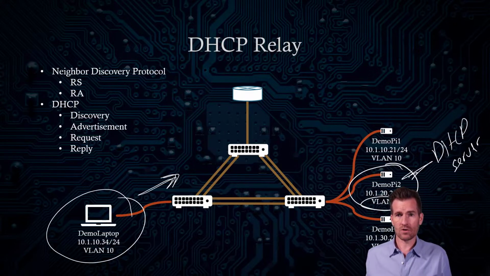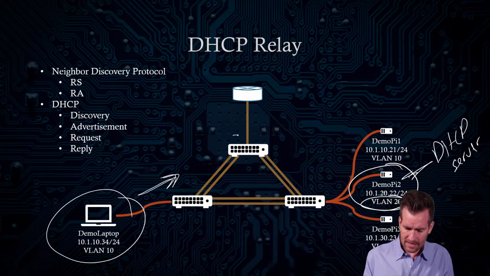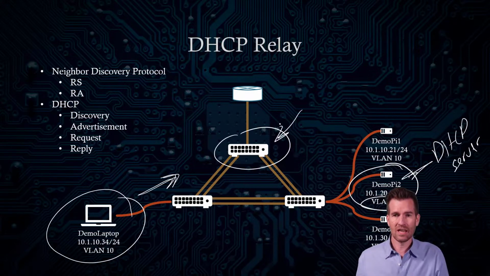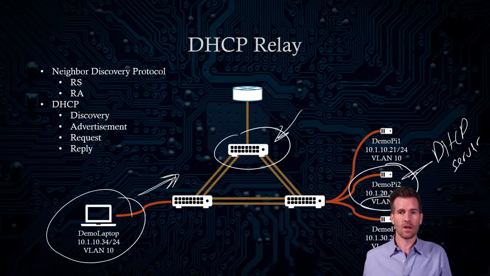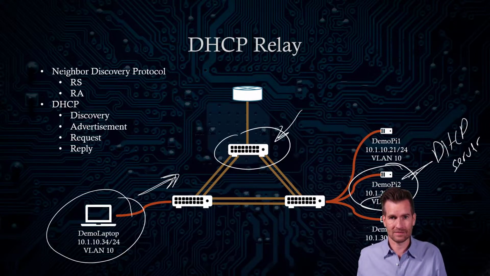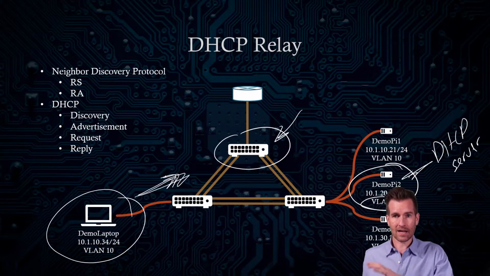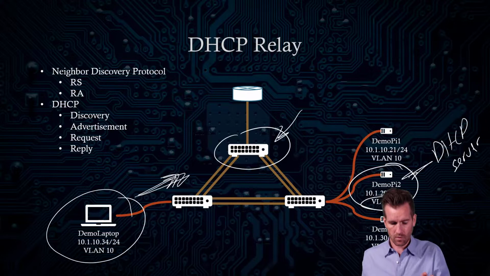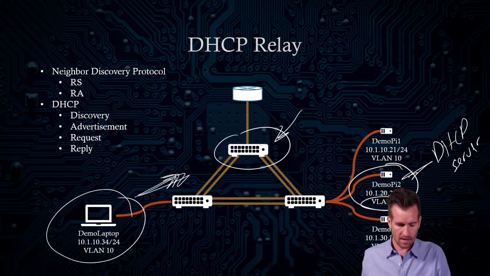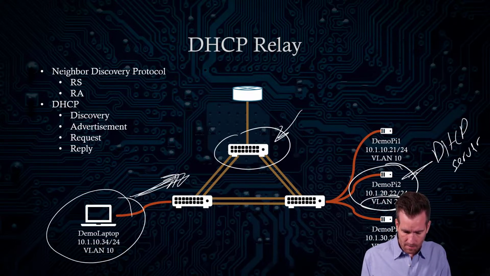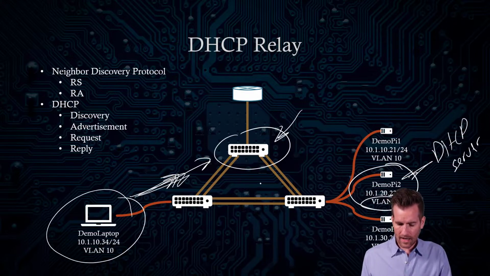And so what we're going to do is turn this layer 3 switch into a relay agent for this information. What's going to happen is the request is going to be sent out, whether we're talking about DHCP for IP version 4 or DHCP version 6. This demo laptop will send out the request.